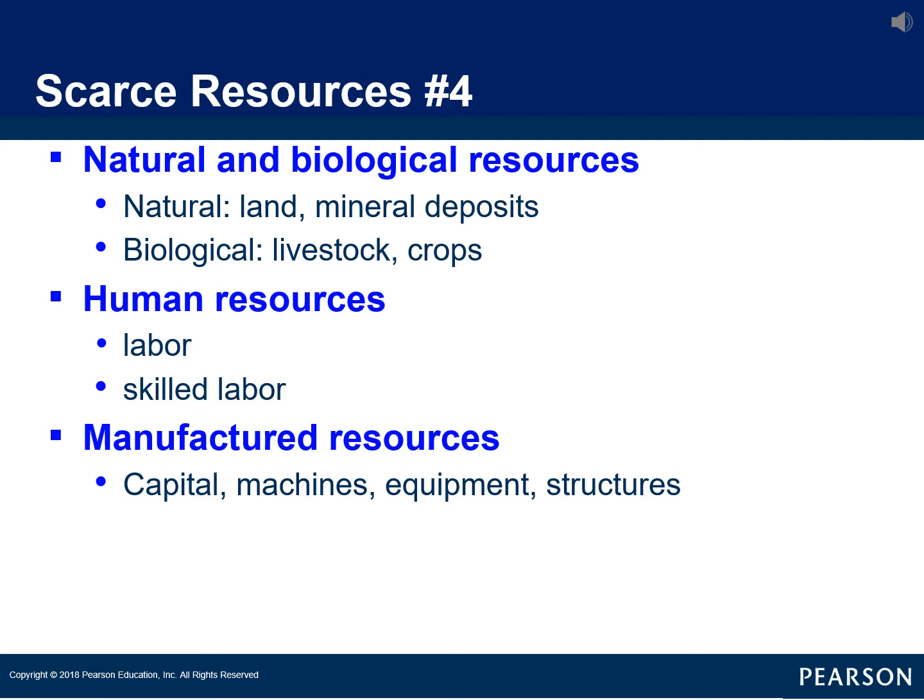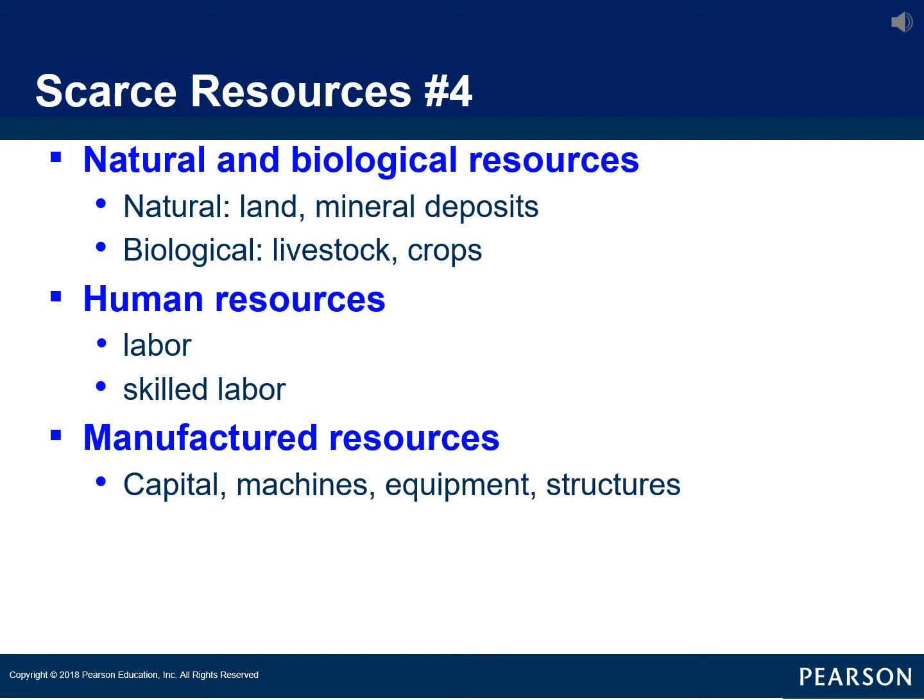We deal with scarce resources. Both consumers and producers deal with scarce resources that limit the amount that can be purchased and also limit the amount that can be produced.